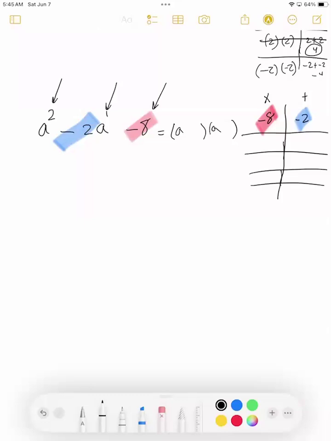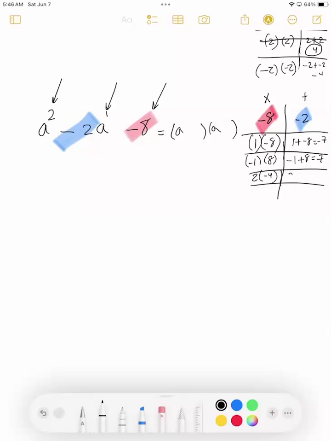If I multiply to get a -8, I could multiply 1 by -8. But when I add these two, I get -7. If I multiply -1 times +8, when I add them, I get +7. What else gives me -8? How about 2 and -4?